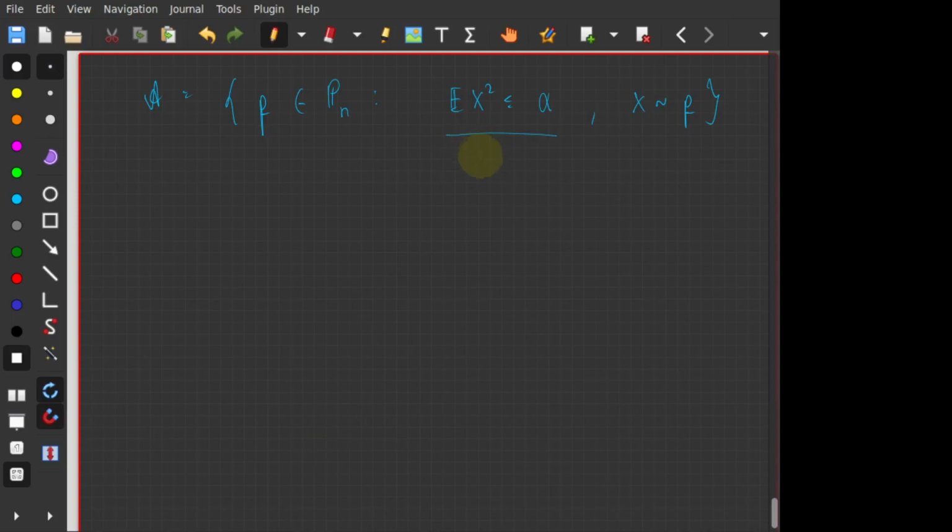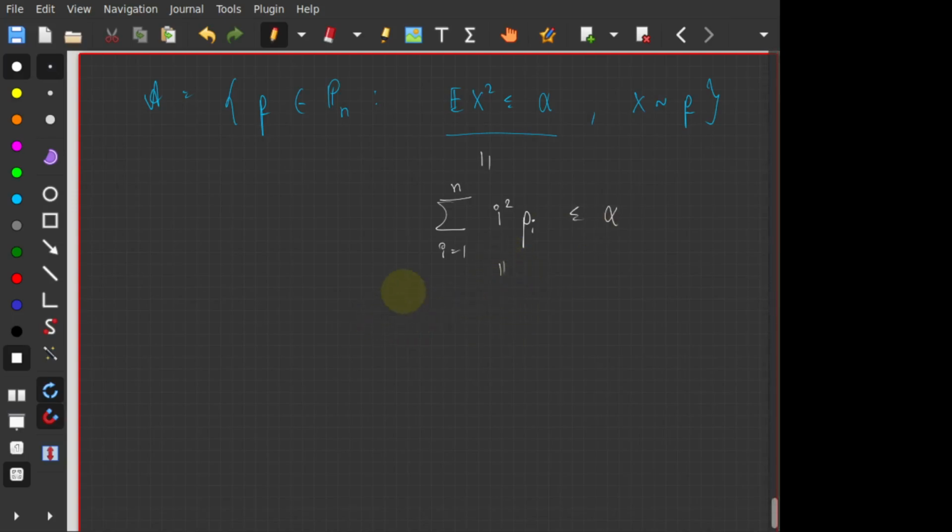So basically, if I just had to expand this out, what is this equal to? Summation i equal to 1 to n, yeah, p_i times i. Right. So it's just i squared p_i less than or equal to alpha.